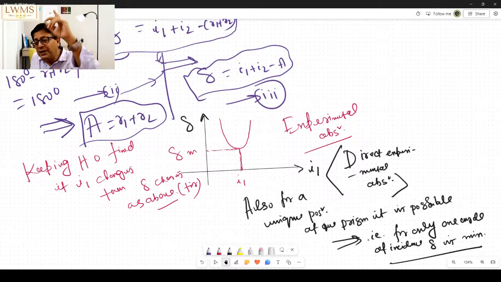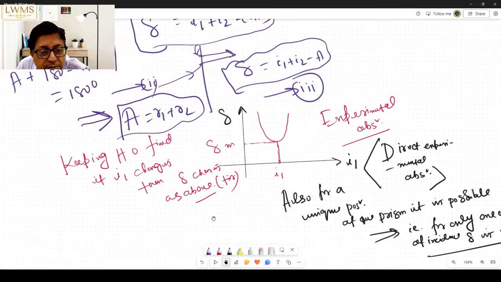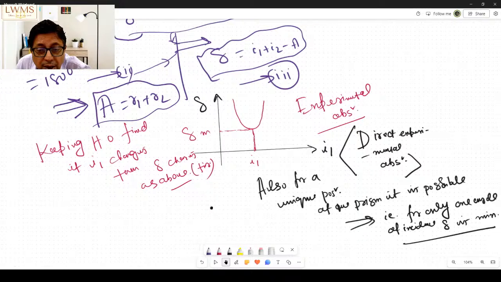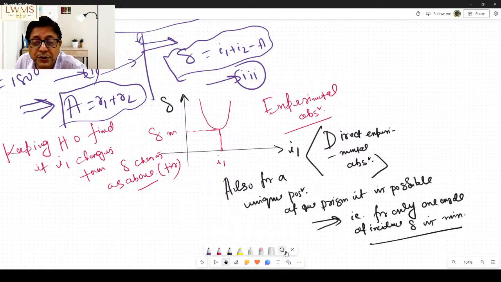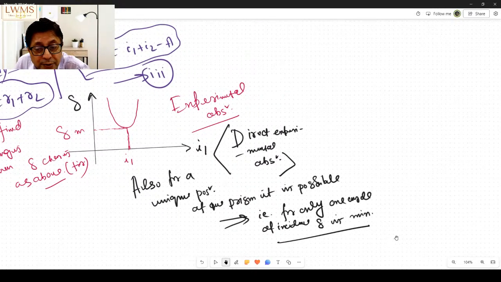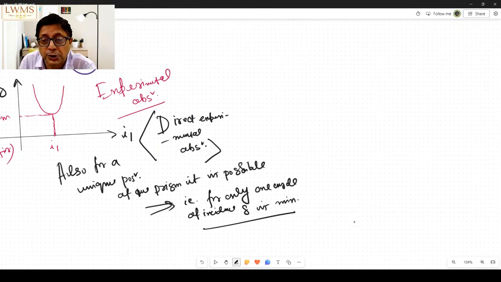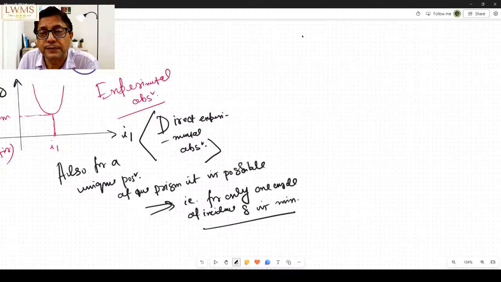Only one angle of incidence, delta is minimum. Now for that minimum deviation, we are going to prove that I1 must be equal to I2. Let us prove it.